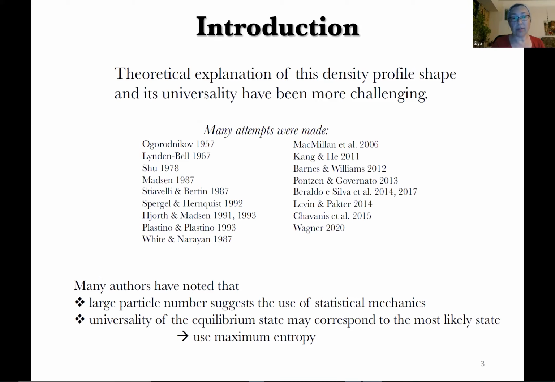But many authors have noted that the fact that dark matter halos have a large number of particles suggests the use of statistical mechanics. Furthermore, universality of the equilibrium state suggests that the final state may correspond to the most likely state, which means that one might want to use maximum entropy arguments. And what we did in our work is use statistical mechanics and maximum entropy arguments.